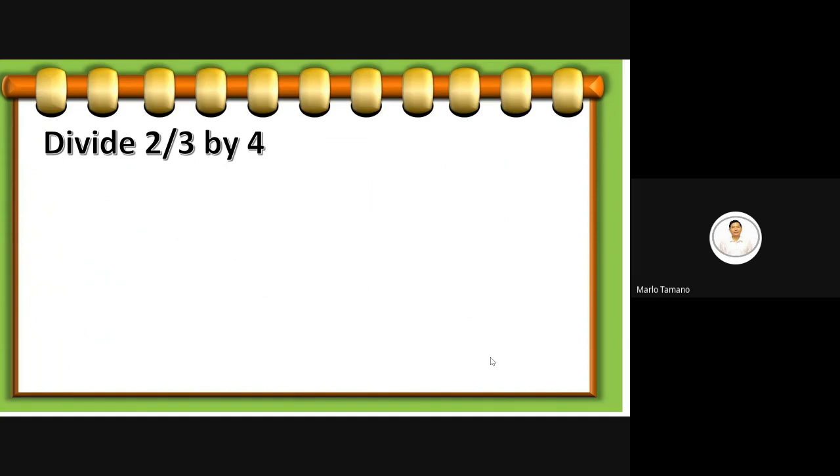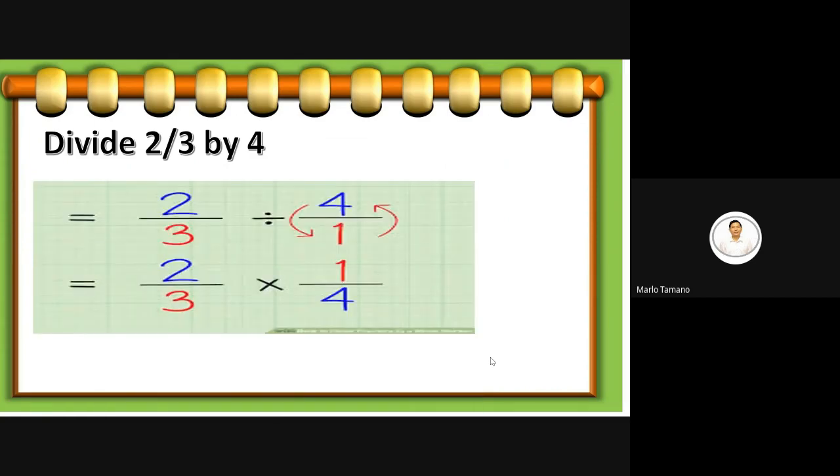Let's go. Divide 2/3 by 4. Paano nga bang i-divide to? So first, keep the 2/3 the same. Then we have divided by 4. Yung 4 na whole number, pwede ninyong lagyan ng 1 as denominator.